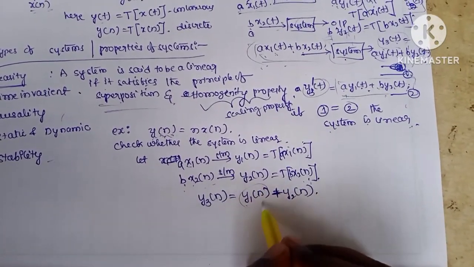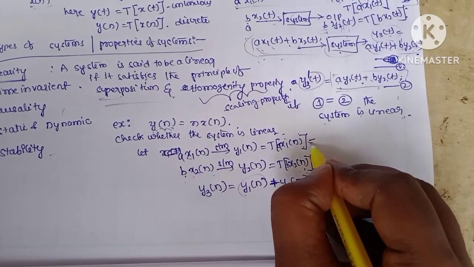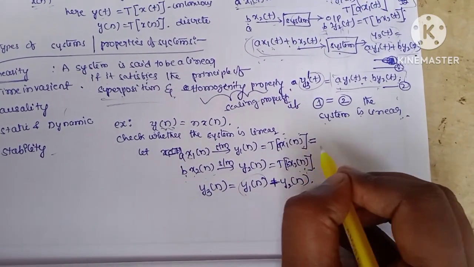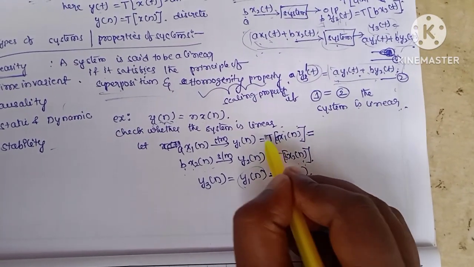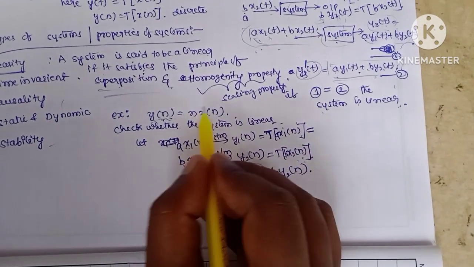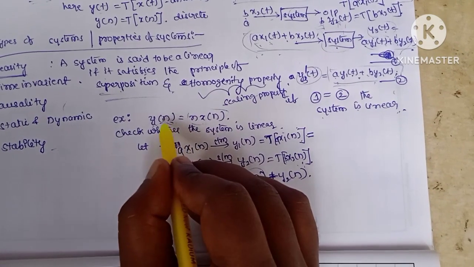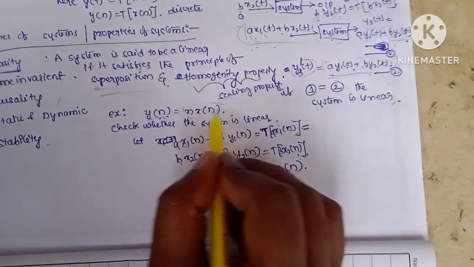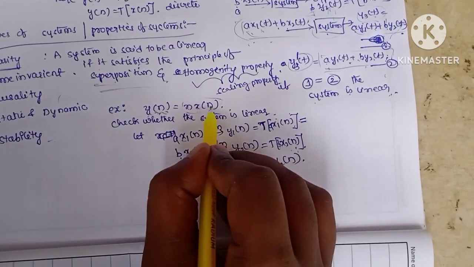What is T of x1 of n? This is very important. We should compare with the output response they gave, n x of n.